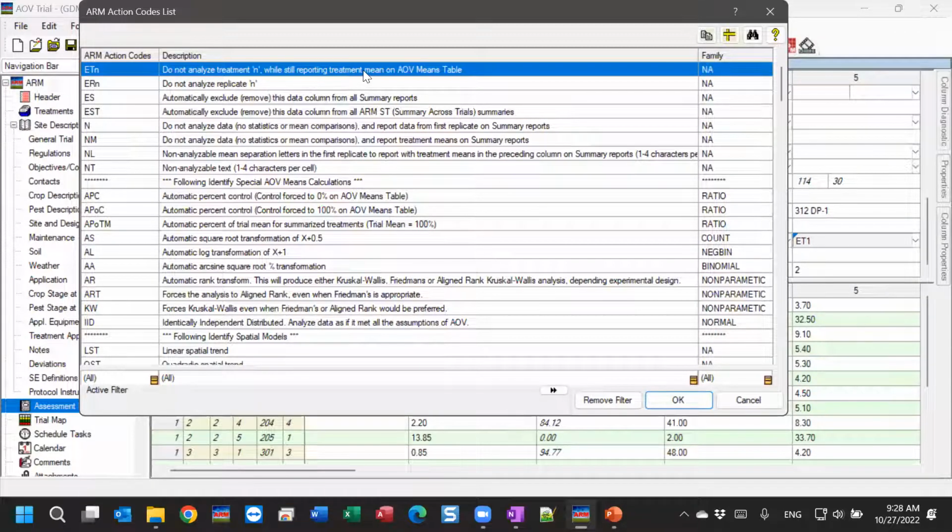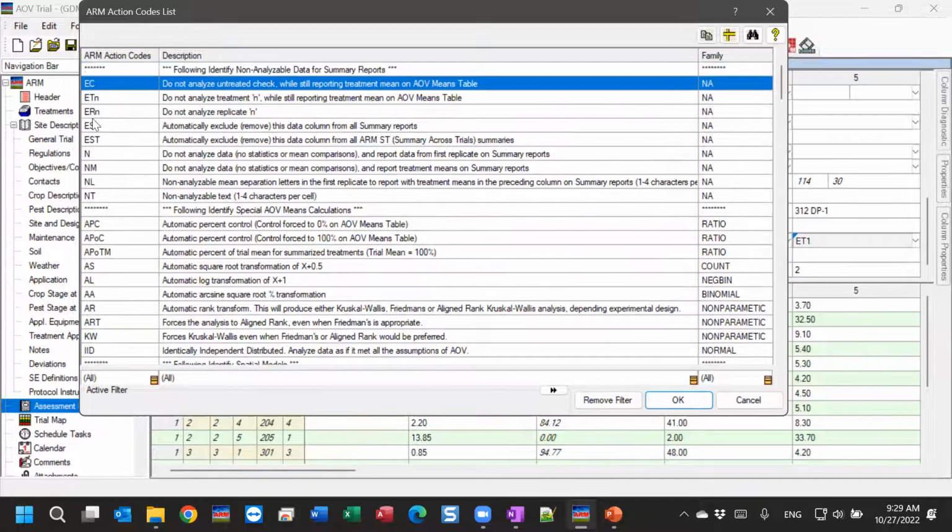But we do still report the treatment mean. We care about what that value was to at least some extent, but we don't want it in the statistics. We don't want to analyze it. So that is the ETN, where N changes depending on which treatment. This was treatment 1 that got excluded.